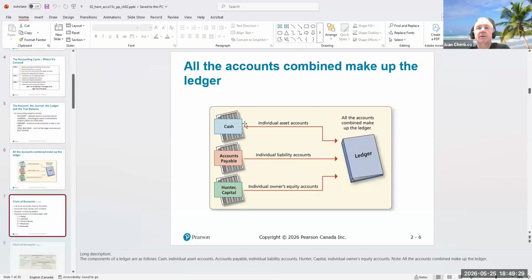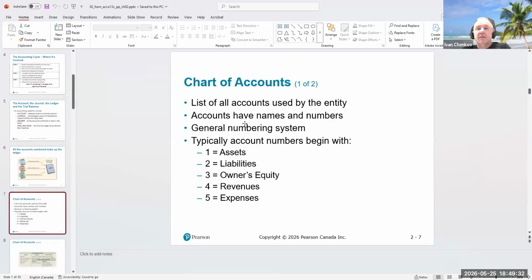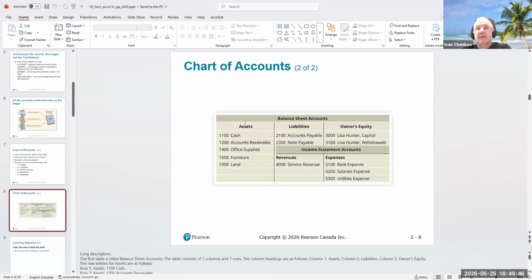What's important to know is that we already said that assets are always going to start with number 1, liability with number 2, owner's equity number 3, and revenue 4. For the expenses, we're going to have 5, 6, 7, 8. When we look at the chart of accounts, the chart of accounts that I gave you, assets always start with 1, liability with 2, owner's equity with 3, revenue 4, expenses 5, 6, 7, 8.